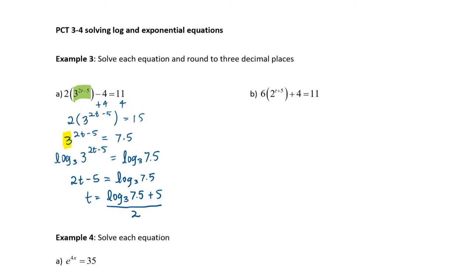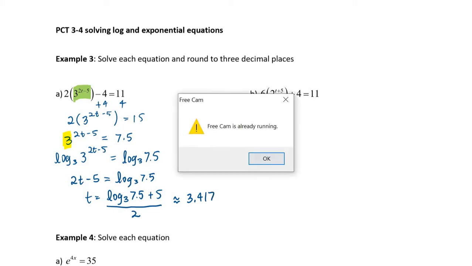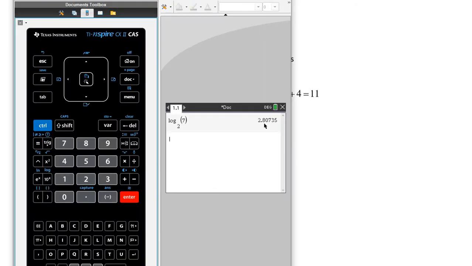So that's my exact answer. I then can put that into my CAS and I end up with 3.417.